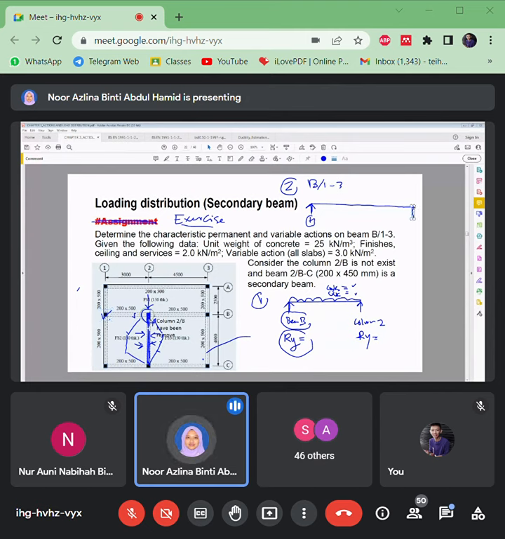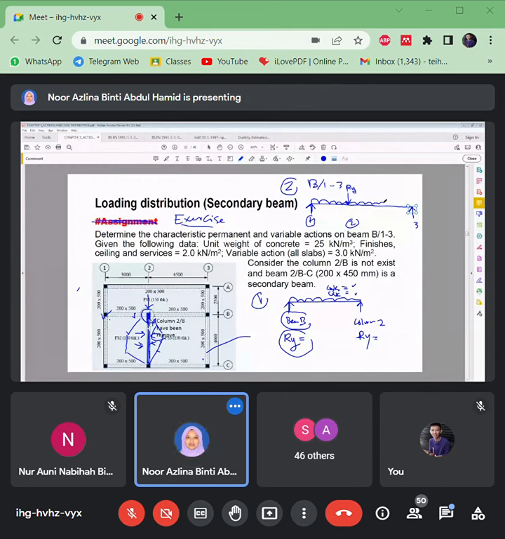Only 2 supports, because we already removed the column in the middle. At grid line 3, this is the support. Then we have a point load from the secondary beam, RY, at grid line 2.